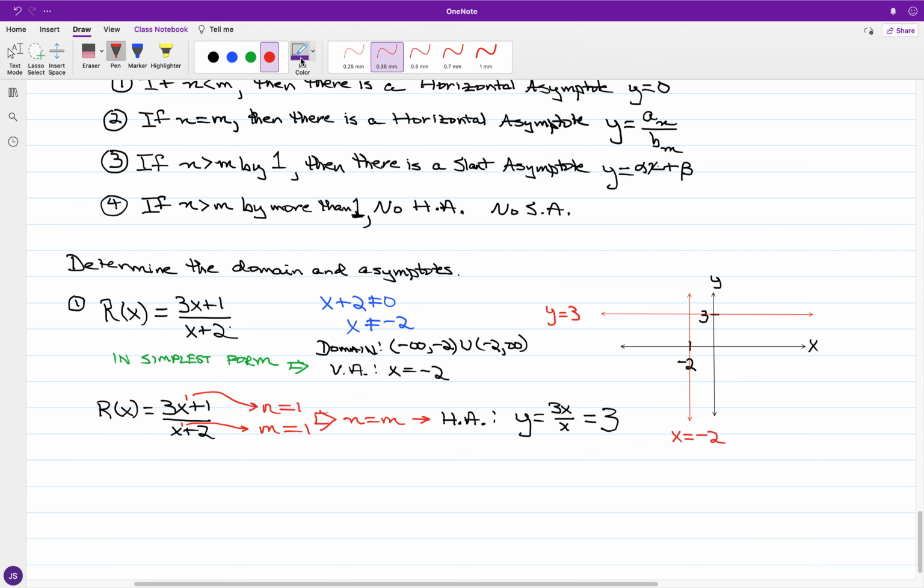And the way that this is going to appear, now there can be some functions that will touch and even intersect the horizontal asymptote, but again, vertical asymptotes are going to be off limits.